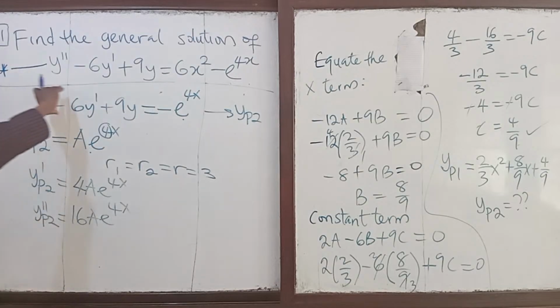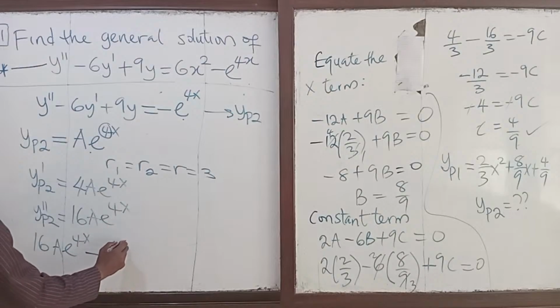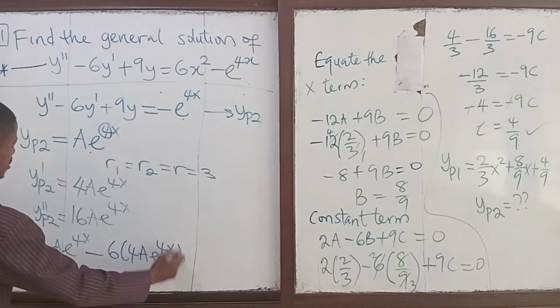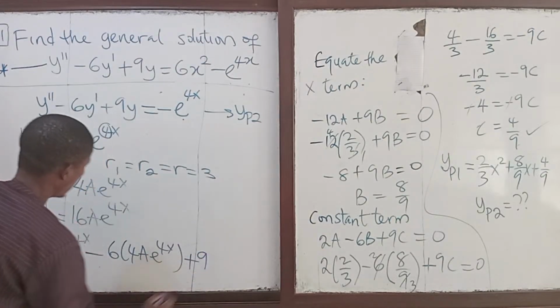We just come back here and make our substitution, which will be equal to 16 a e to the power 4x, minus 6 times our first differential, which is 4a e to the power 4x, and then plus 9 times y.